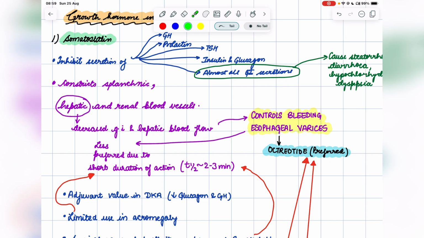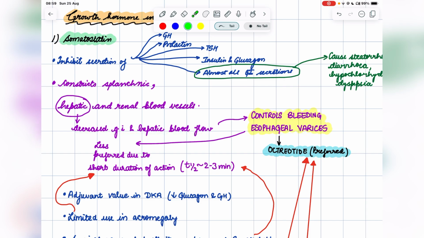Esophageal varices is a condition caused by portal hypertension that leads to bleeding. But if you constrict the vessels, that bleeding will stop, right? You know from pathology that in stopping of bleeding, the first effect that comes is vasoconstriction. So that is how decreasing the GI and hepatic blood flow will control bleeding esophageal varices.